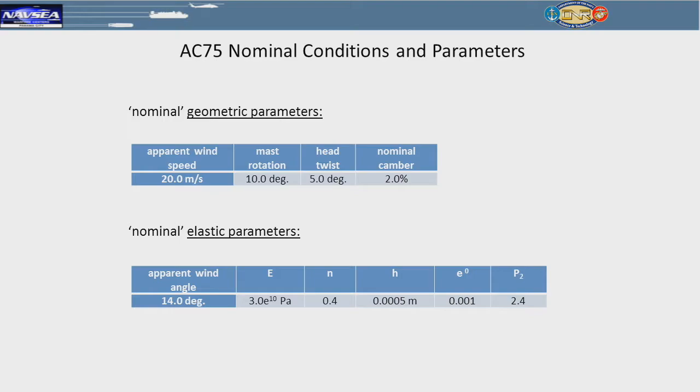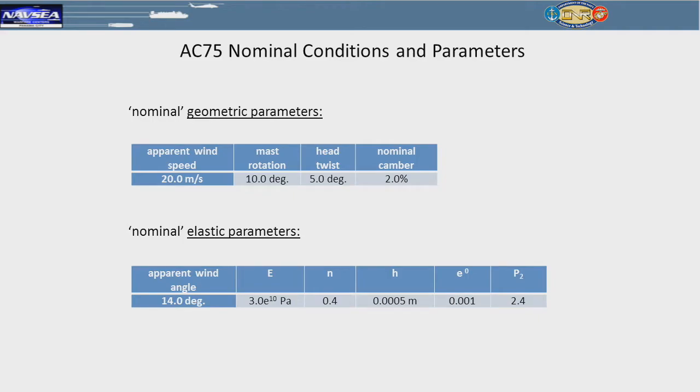Okay, now moving on to the presentation of our AC75 aeroelastic simulations using the Euler equations for this talk, not the Rand's equations. First of all, before we show any results, I just want to make sure everyone had a clear understanding of what we characterize as nominal conditions in the paper. There are nominal geometric parameters, that is the shape of the sail.